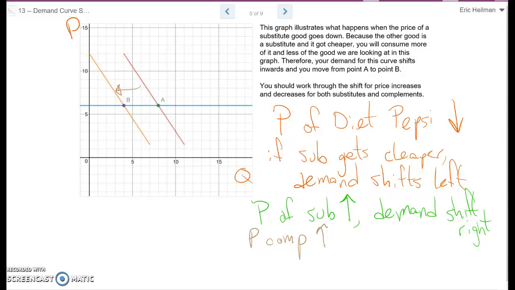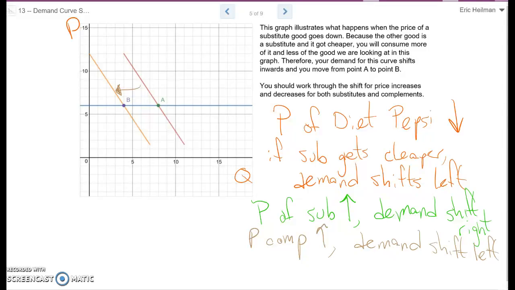So you would get a shift leftward. Again, I'm going to be consuming less of that complement, but since I always drink my Diet Coke with that good, if I consume less of that good, I'm also going to consume less Diet Coke. So you get another left shift.